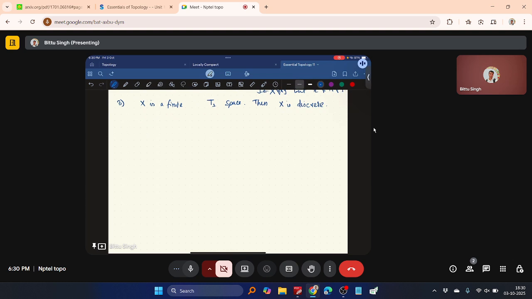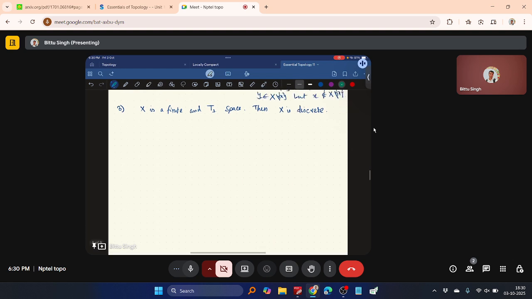Now this question says X is finite and a T1 space, then X is discrete. Is it true or not? The answer is yes, this is also true.